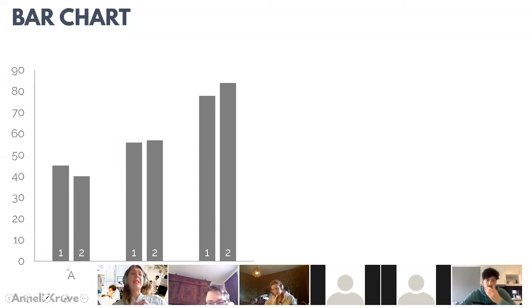But things which can't be really associated like this might not be the best things to convey in a bar chart. So a bit of background in this could be good.